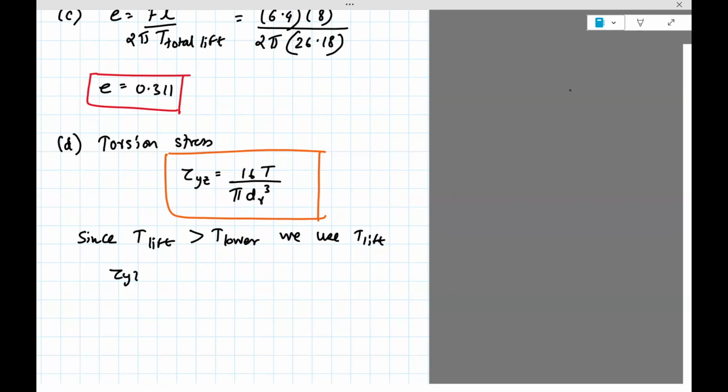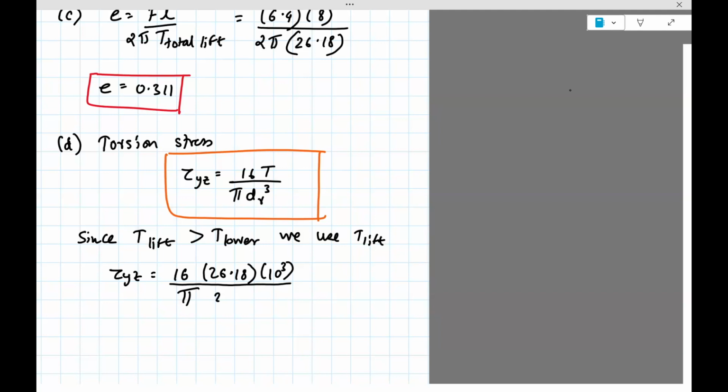So tau yz is 16 times T lift. T lift is 26.18 Newton meters, so times 1000, divided by pi times dr cubed, which we've computed. It's the root or minimum diameter, because the minimum diameter will give the maximum stress.